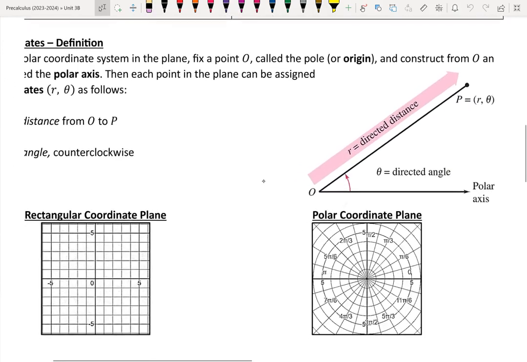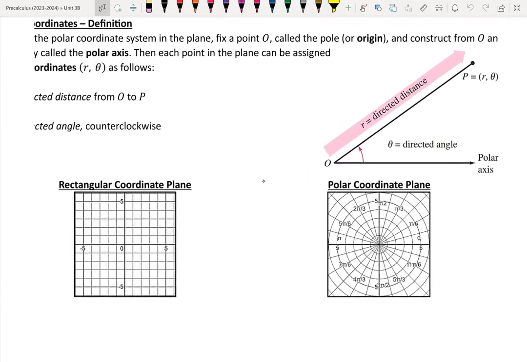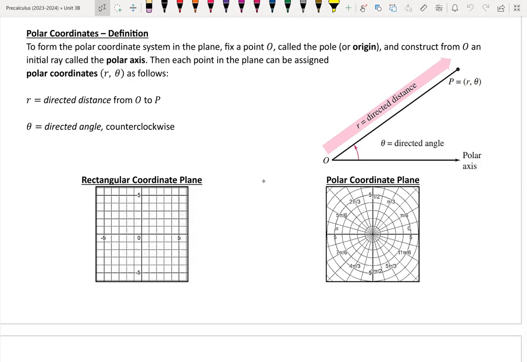So we have the origin, which we call the pole, and everything flows from the origin. And we have what we call the initial or polar axis, the initial ray, which is just the positive x-axis. So we always start here, that's our polar axis, and then each point is assigned an r and a theta.